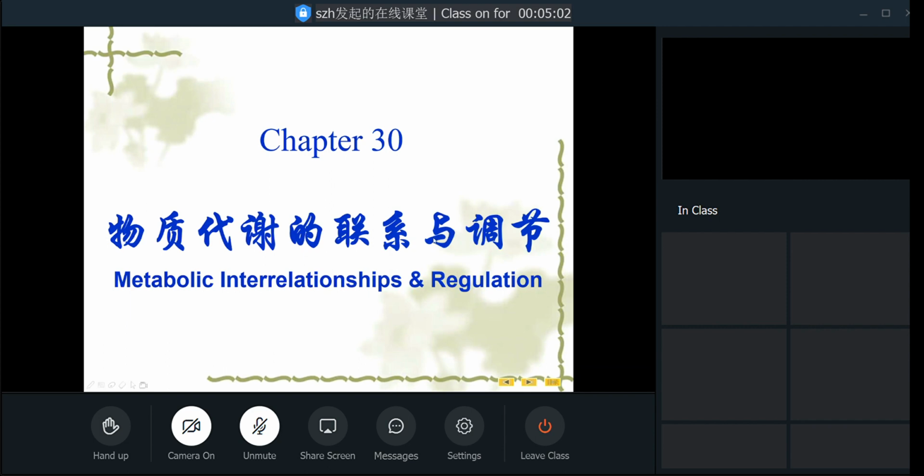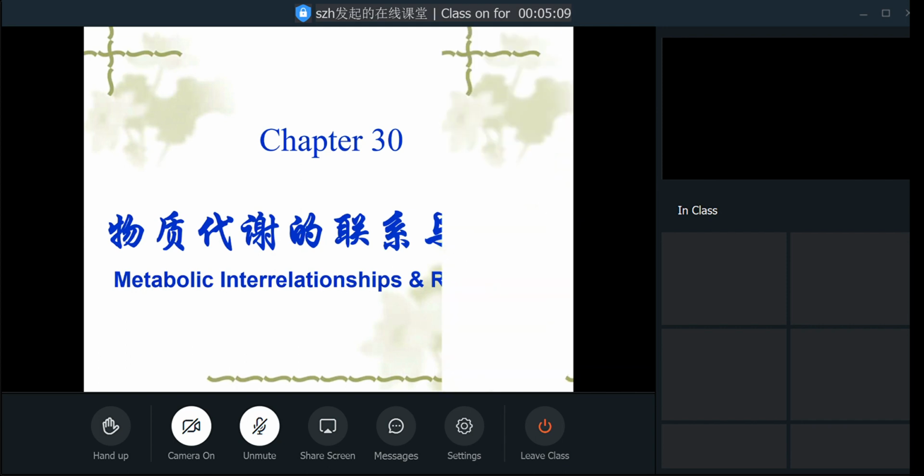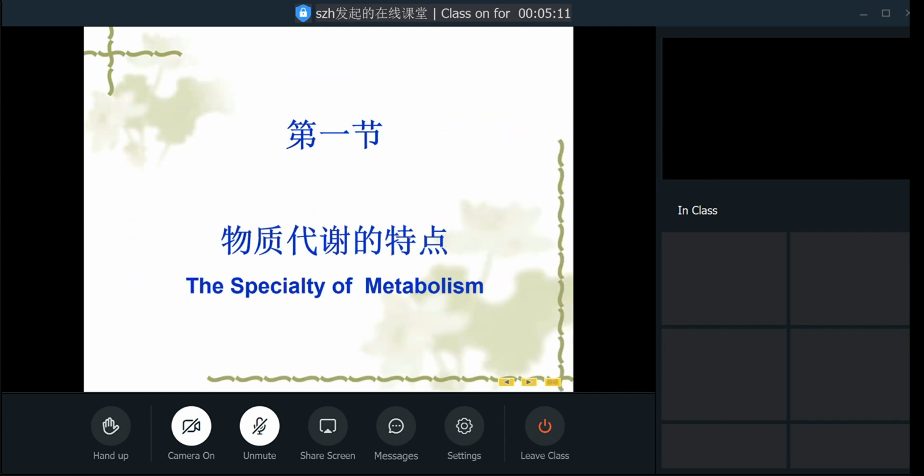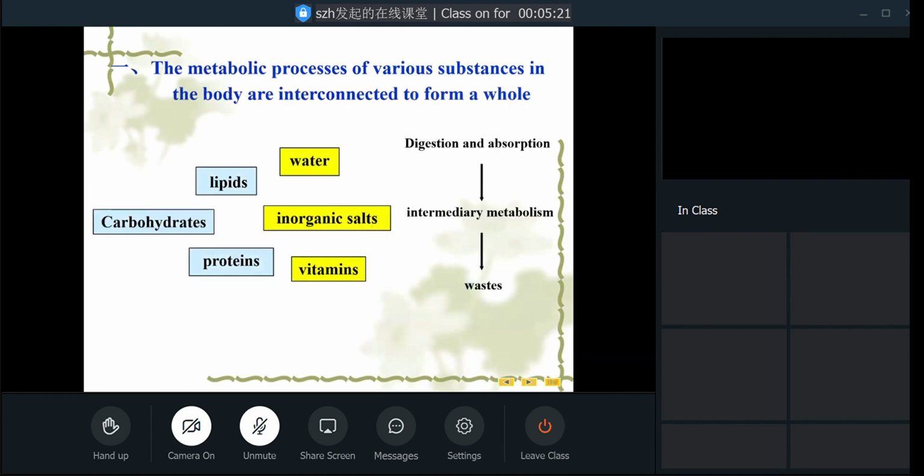So we summarize all of this in this chapter. First, you can see the summary of the specialty of the metabolisms in human beings. The first is that the metabolic processes of the various substances, lipid, carbohydrate, and protein in the body are interconnected and form a whole.